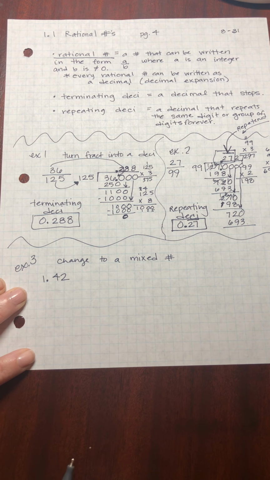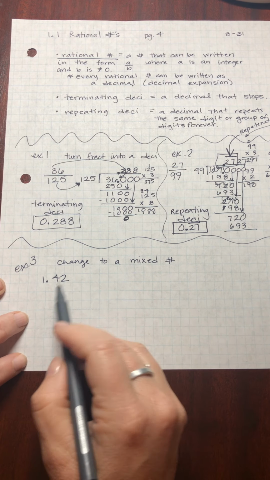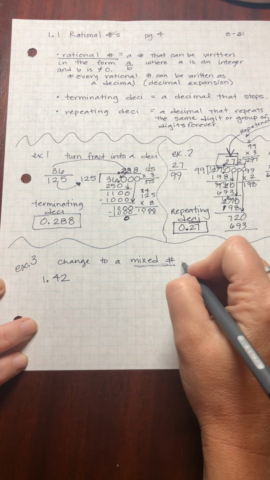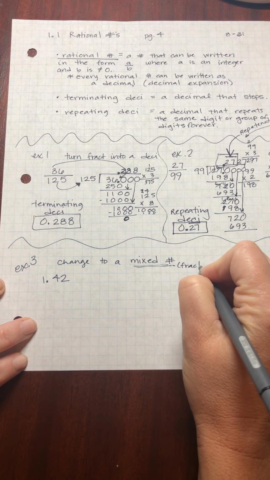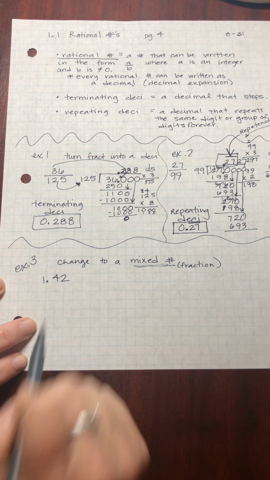So let's say we have 1.42. And we need to turn it into a mixed number, right? So a fraction. It's a mixed number because there's a whole number with it.